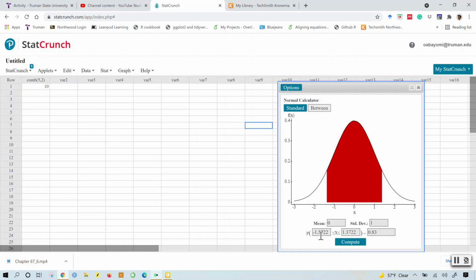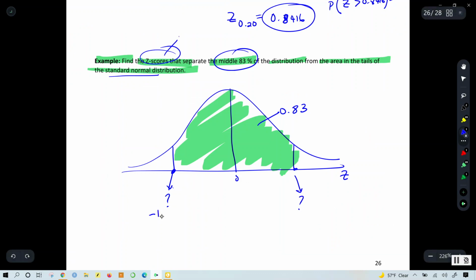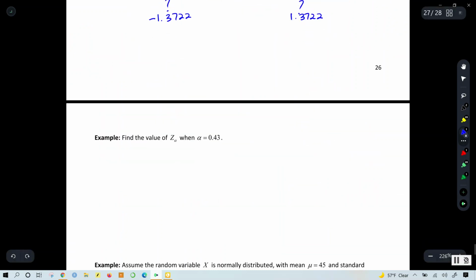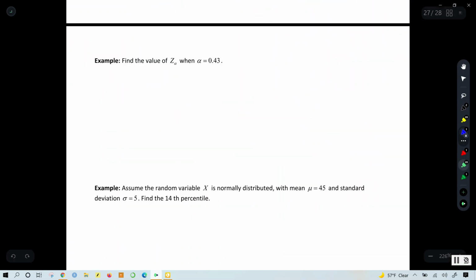And it will give me those two values, negative 1.3722 and positive 1.3722. This region captures 83% of the distribution. With that said, we proceed to another example.